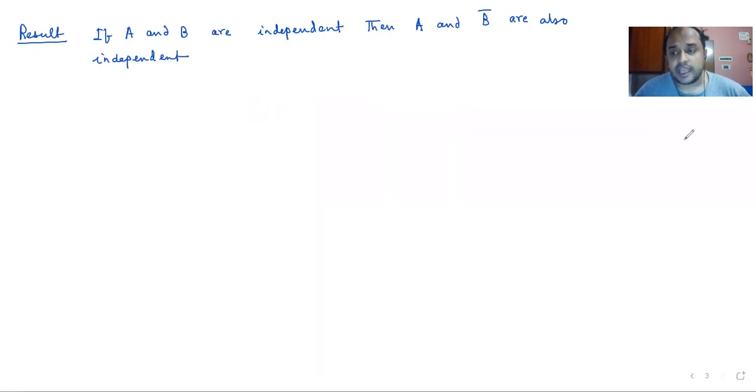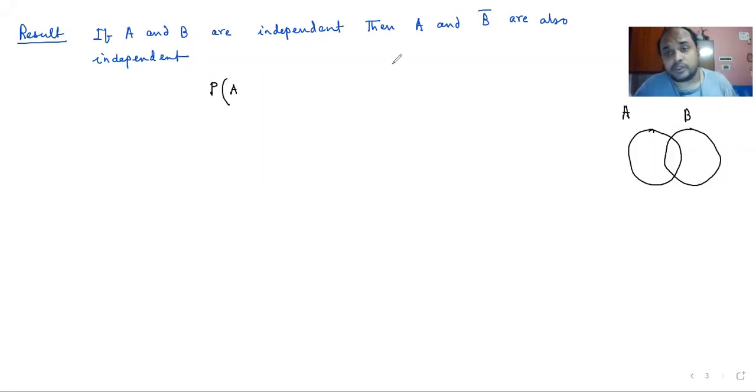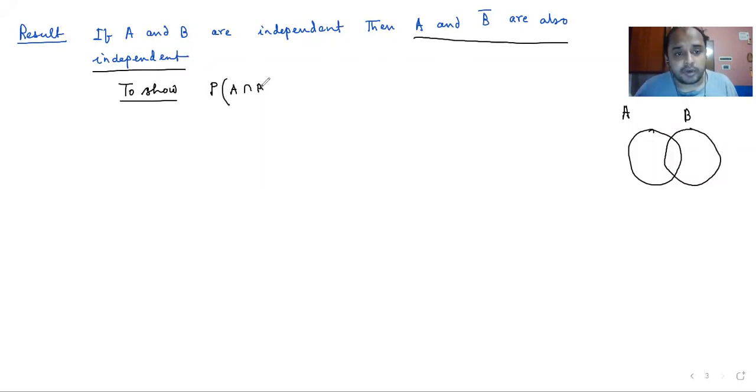Let capital A and capital B be two events. From our previous session, you know that... what do we want to check? If I want to check that A and B bar are independent, we need to show that the probability of A intersection B bar is equal to the probability of A into the probability of B bar. This is our objective. Now what we can do is start with the left hand side.